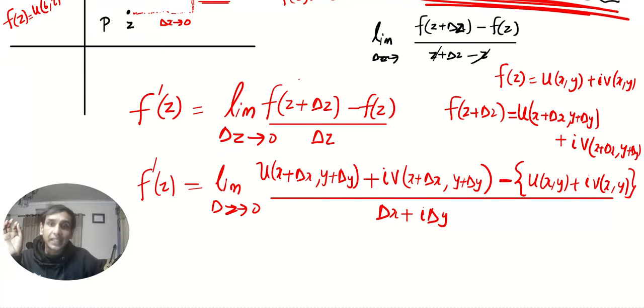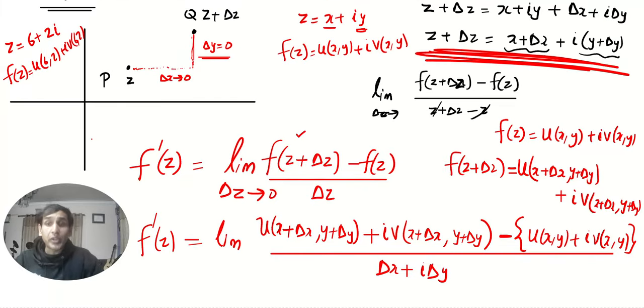So I hope you understood this step. All I did is I took the value of the function at z + Δz minus f(z). Okay, now I am going to do one more thing. Look at this. I told you I am going to work out the derivative in two different methods because the function is analytic, and if a function is analytic then the limit will be the same.